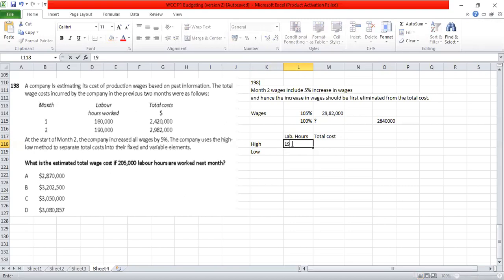High is 190,000 and low is 160,000. The costs, after eliminating the 5% increase, are 2,840,000 and here it is 2,420,000.